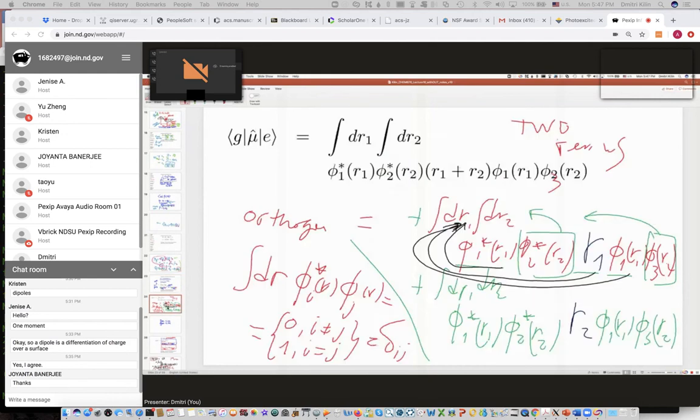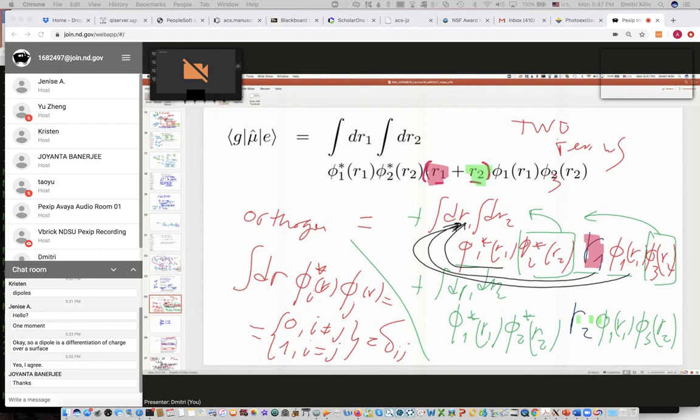I am opening these brackets, which means if there is a summation inside the brackets, I can split the overall integral into two terms. The first integral, where only the first term in the brackets plays a role, and the second integral, where the second term plays a role.